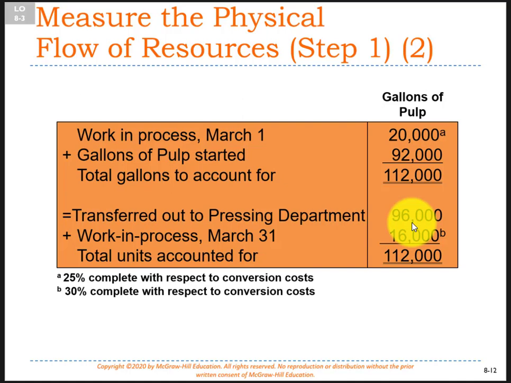Well, 96 went to the next department, so that leaves 16 in the current department because there has to be 112, right? We right now are making the assumption that none of it disappears. It doesn't evaporate. It doesn't become waste or any of the things like that. If 112,000 go in, 112,000 have to either go out or are still there. That's your choices.